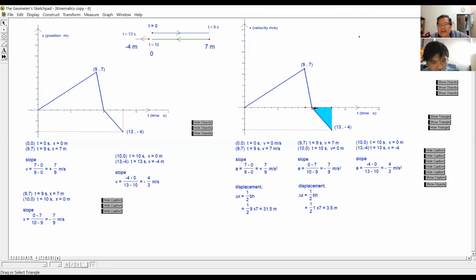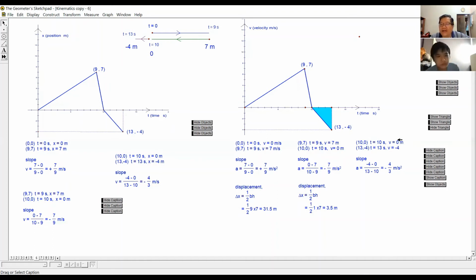Now, for this last part of the journey, we have 2 points: (10, 0) and (13, -4). So from here, I can find the slope.